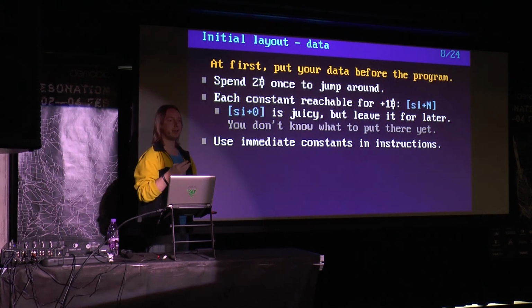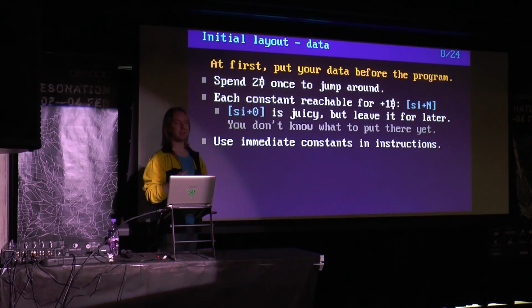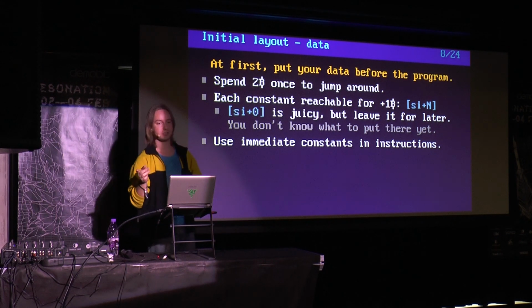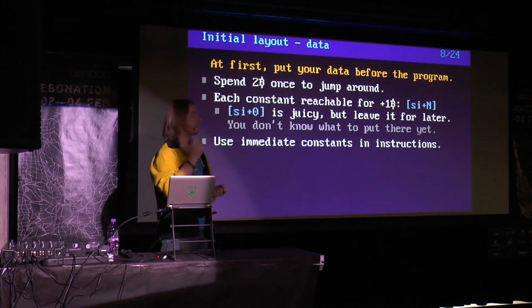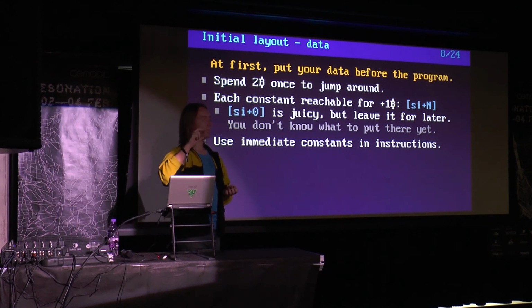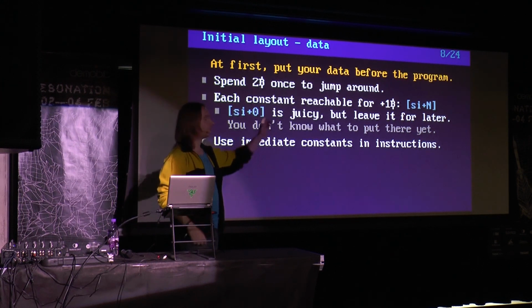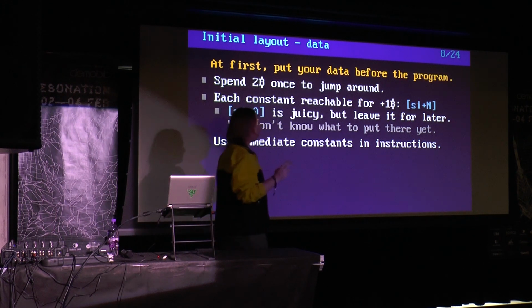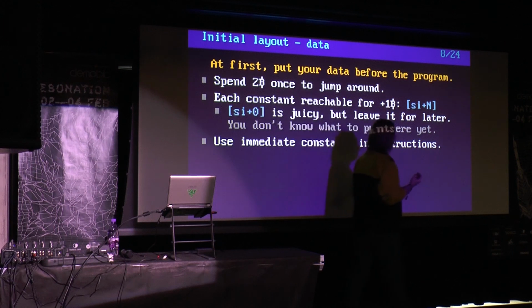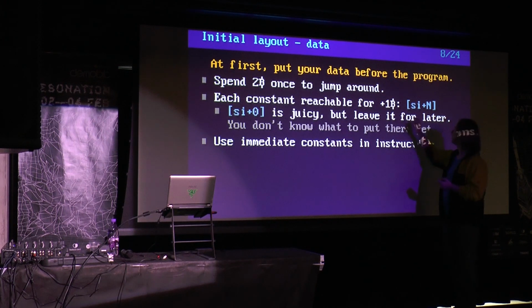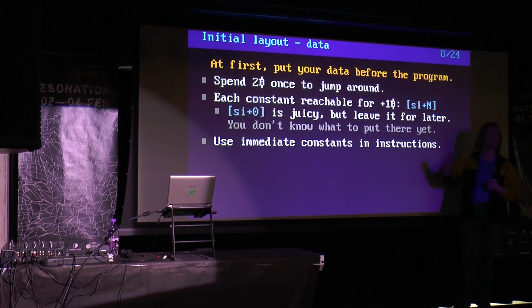For example, executing the data and turning it into harmless instructions. This way, you can turn every data access into an access with a small displacement. You have guaranteed values at the start of the program, and the SI register, which can be used for addressing, contains the start of your program.